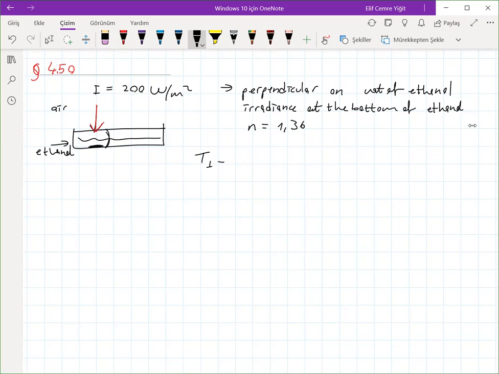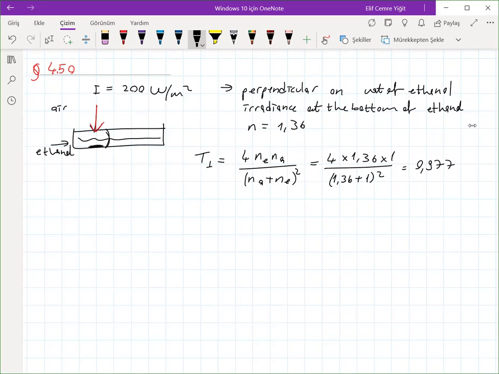T perpendicular is equal to 4 times n of ethanol and n of air over the sum of n of air and n of ethanol, squared. It will be 4 times 1.36 times 1 over (1.36 plus 1) squared, and this will give me 0.977.